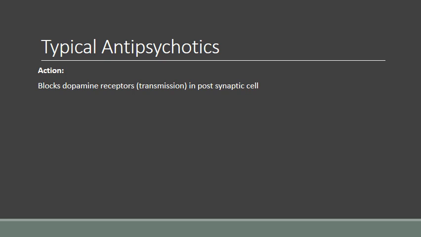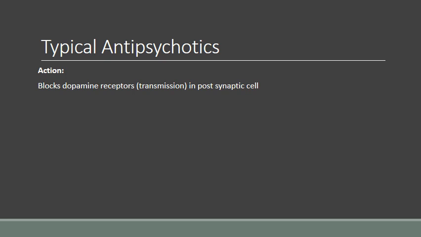Okay, so let's look a little bit more at typical antipsychotics. The action here is very important, that they block the dopamine receptors in the postsynaptic cell. And when you're thinking about this, really think back to the biochemical theory of schizophrenia, or the dopamine hypothesis. And what did the dopamine hypothesis say?